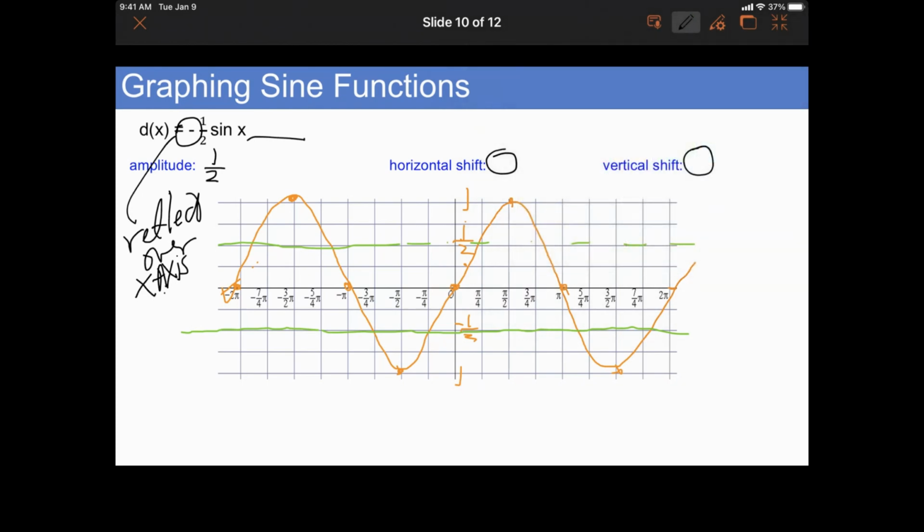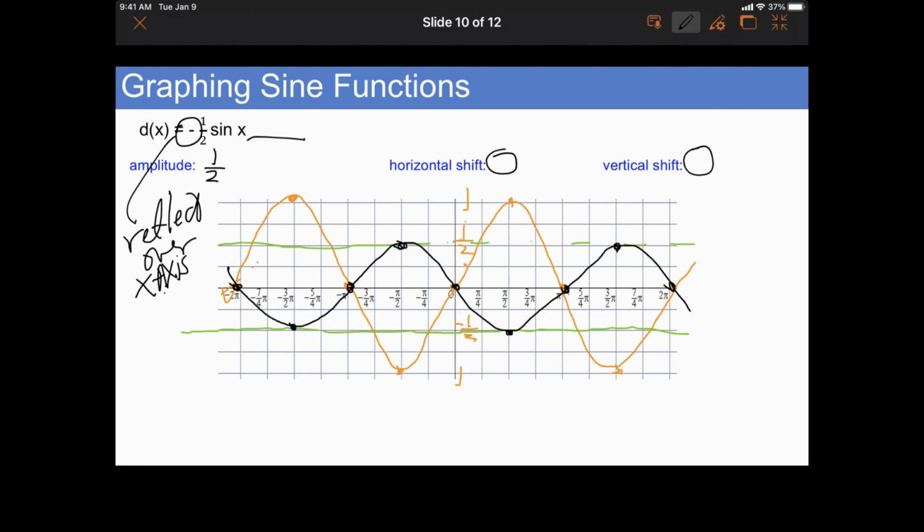So instead of, here we'll start here. Instead of going up, we have to go down. But we anchored. Instead of down, we go up. It switches places. So we're going to do that here too. And there. Okay. Oh, you know what?